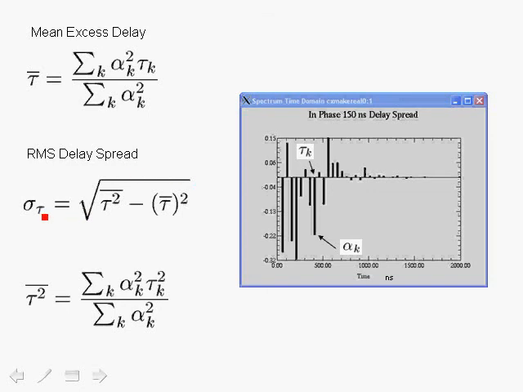The mean of the delay squared is defined as follows: at each delay, we square the delay, multiply by the power at that delay, sum them and normalize by the total power, and we get the mean of the square of the delays. And it is the RMS delay spread which is the most important parameter we will be dealing with.